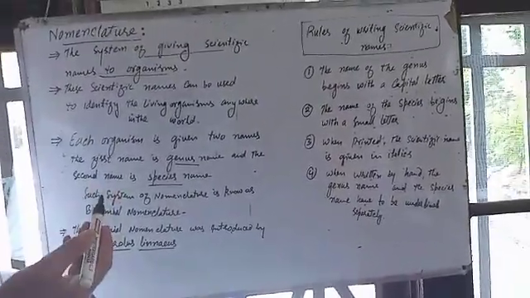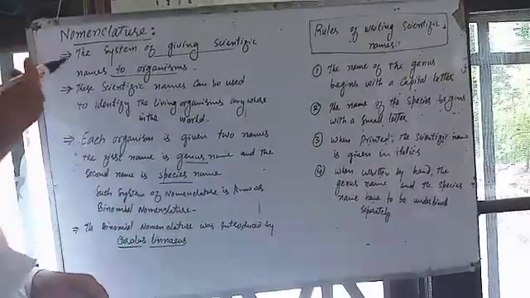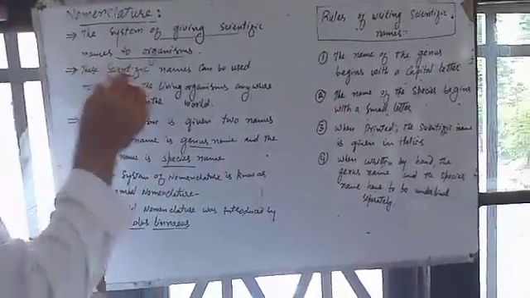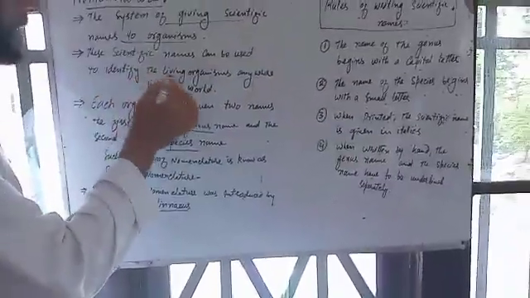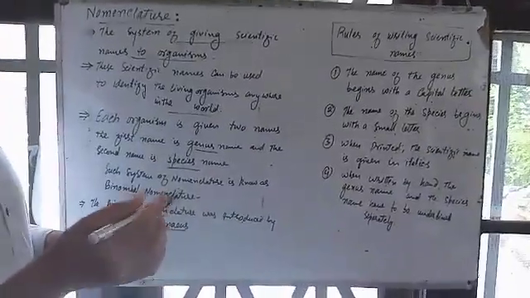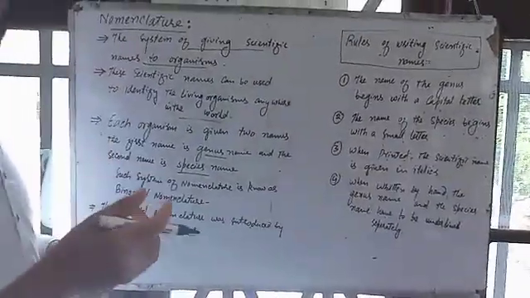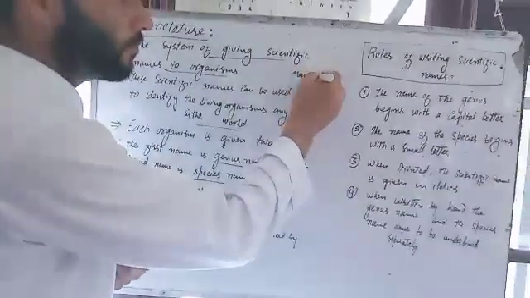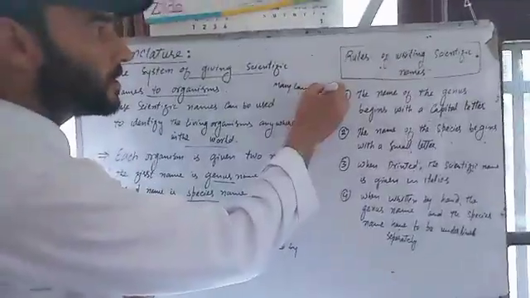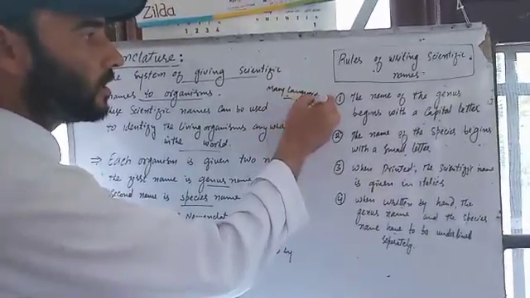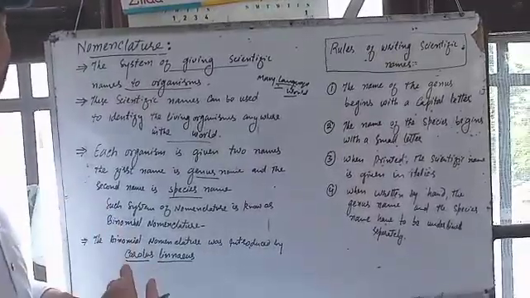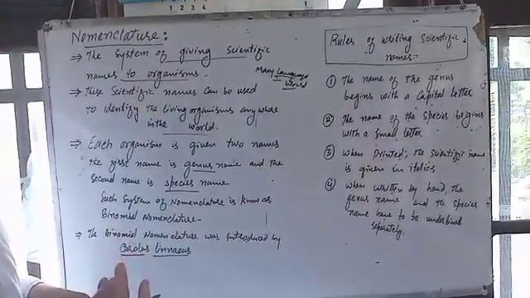And what is the need? Why is it necessary that we should give scientific names? Because these scientific names can be used to identify a living organism anywhere in the world. For example, there are many languages in the world, and in each language a particular living organism has a different name.